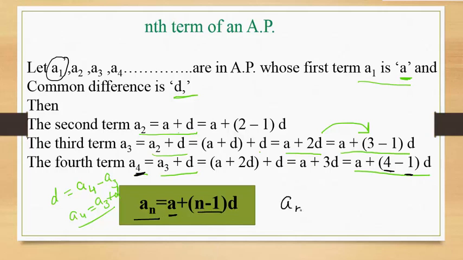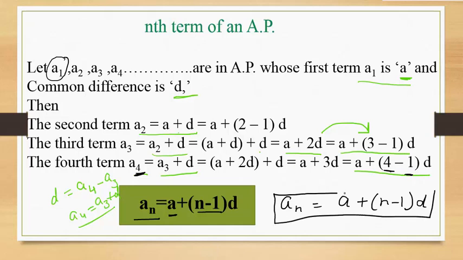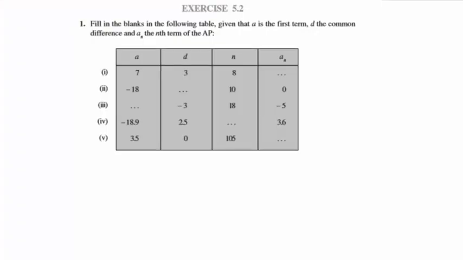The nth term will be A plus (n minus 1) into D. D is your common difference and A is your first term of the AP, and an is known as the nth term. Now this is the general formula.